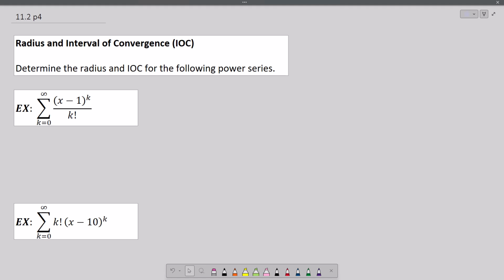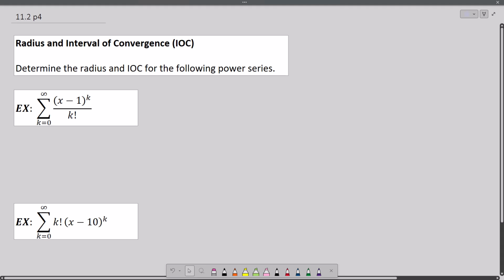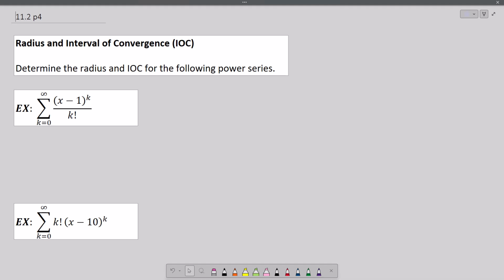If you plug in 4 for that x, you would have 3 to the k over k factorial. We analyzed that in the last chapter with the ratio test, because there's a factorial. If you plug in 10, you would have 9 to the k over k factorial.